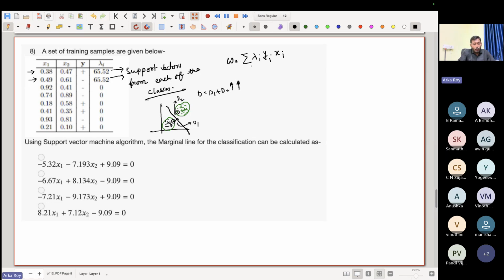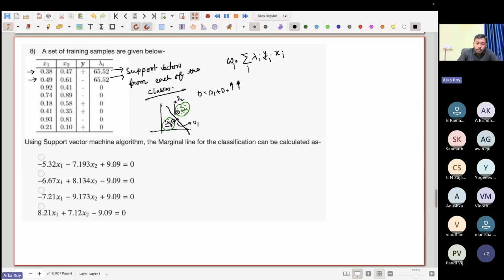So in our case, let's say this is Wi. For each of the W, the equation is this: lambda i, yi and xi are multiplied and then the summation occurs.